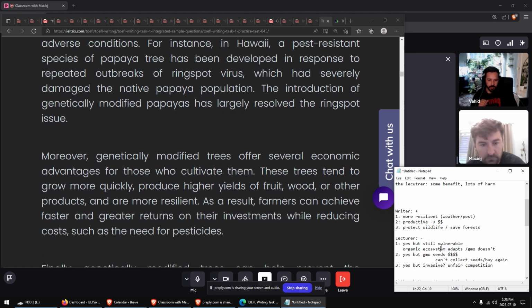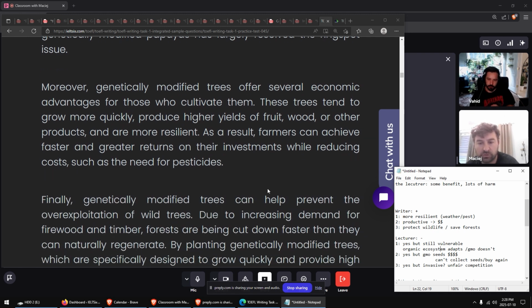So, second paragraph. The writer believes that GMO trees can produce more fruits, wood, and other products, and they are more beneficial, or it could be higher income from these trees.